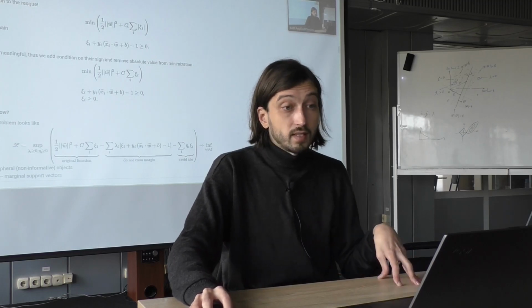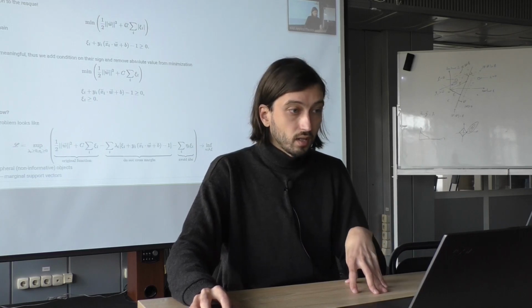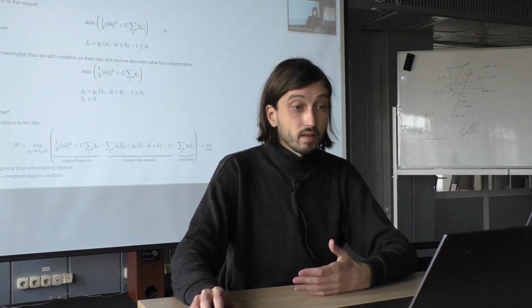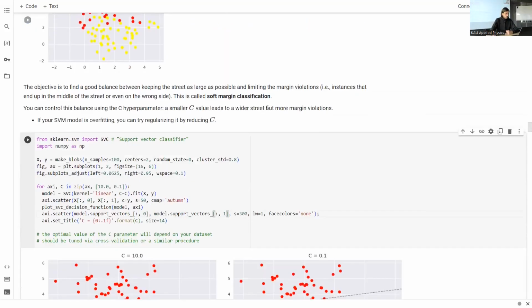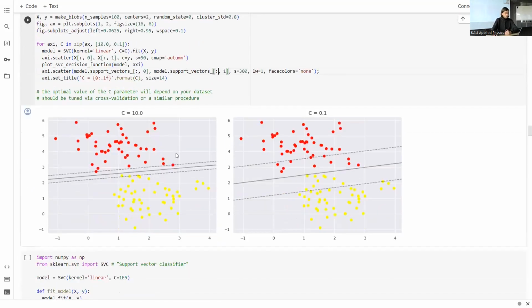The smaller is C, the weaker is the regularization, and I allow my points to move somewhere and even to cross the line. So if I have this sort of data set, I may want to reduce my C. If I have a very big strength of regularization, maybe I will not be able to train my classifier on this sort of data set. So maybe I will need to make it a bit lower. And here is an example of using different C's.